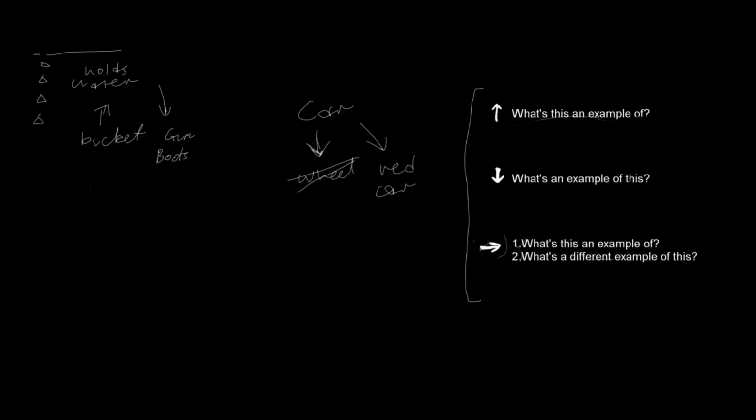So if you want to go up, the question you could ask is, what's this an example of? A question you could ask if you want to go down is, what's an example of this? And if you want to go sideways, as they call it, sideways chunking, you first go up and then you go down. That's all that is. You go down to somewhere different.